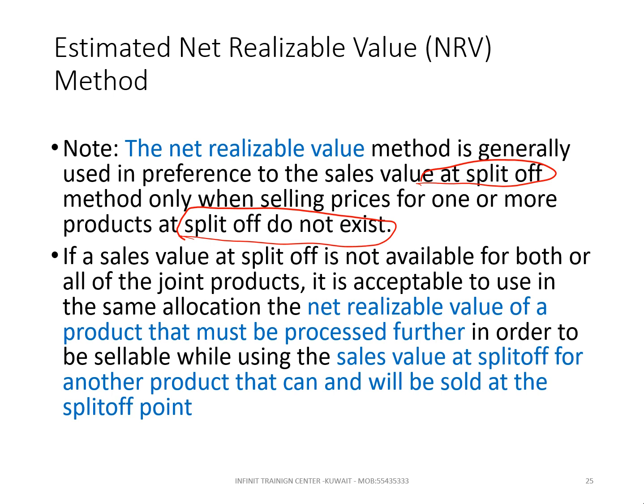In another case, if the sales value at split off is not available for both or all of the joint products, it is acceptable to use net realizable value for the product that must be processed further in order to be sellable, while using sales value at split off for another product that can be sold at the split off point.